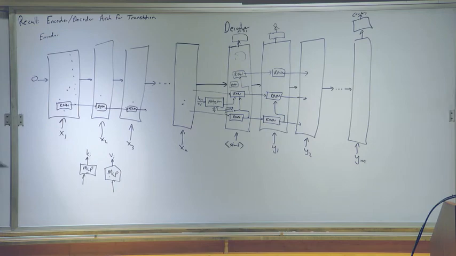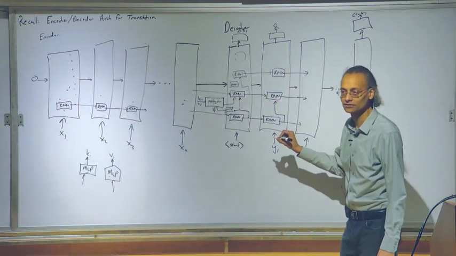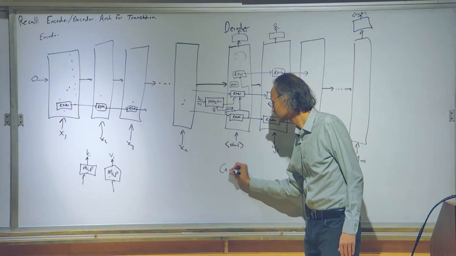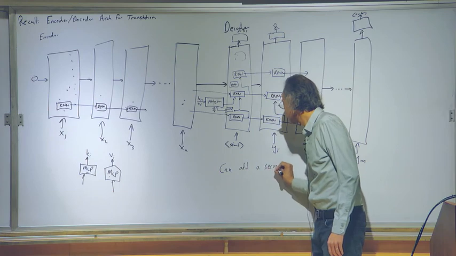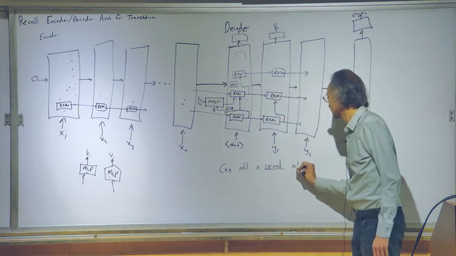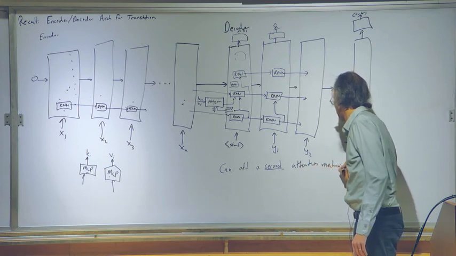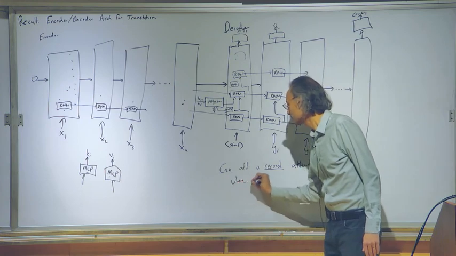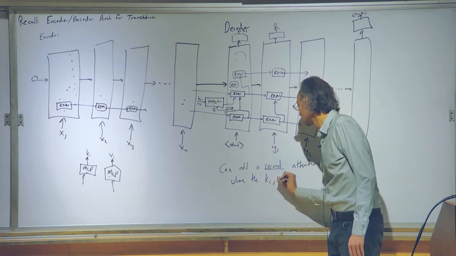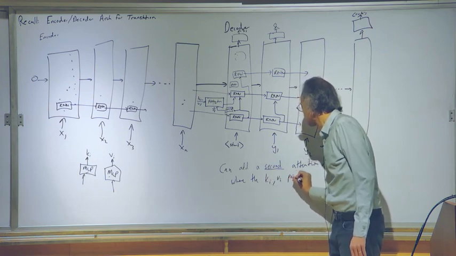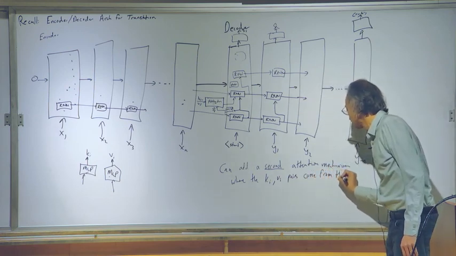So indeed, you can think about a second attention mechanism you can add in here, where the key value pairs come from the decoder.